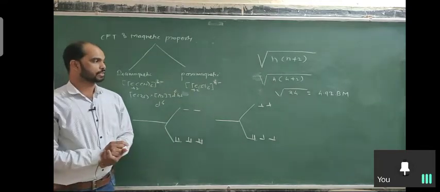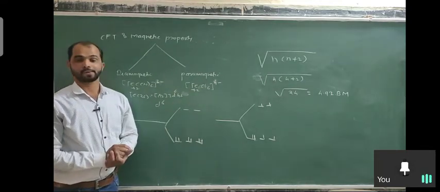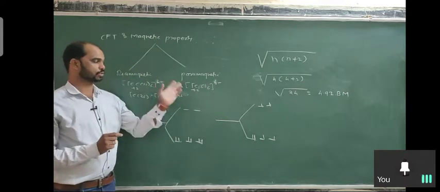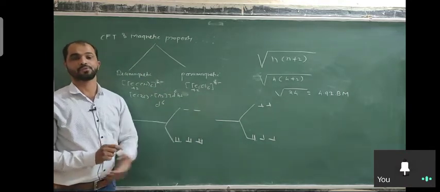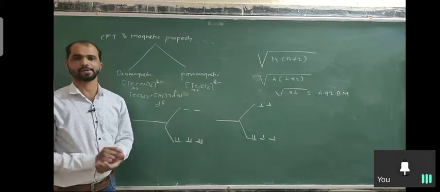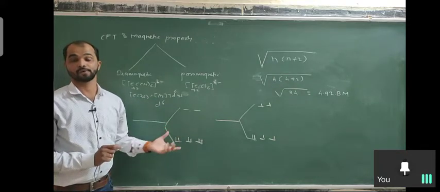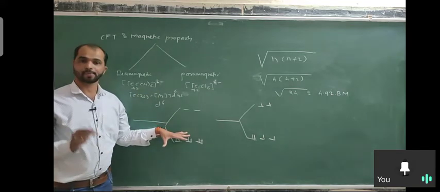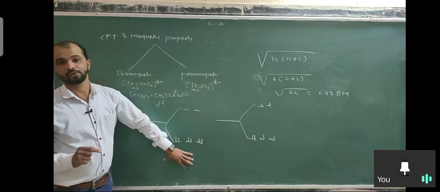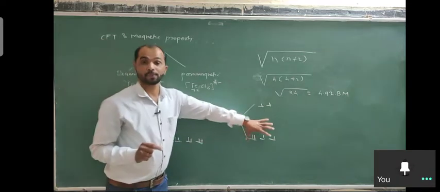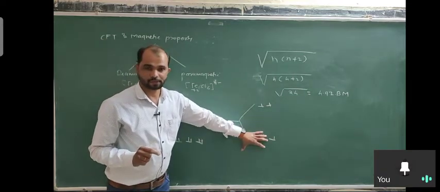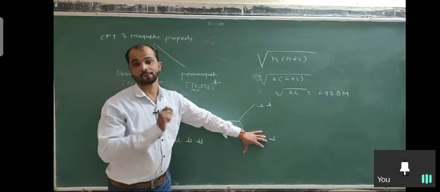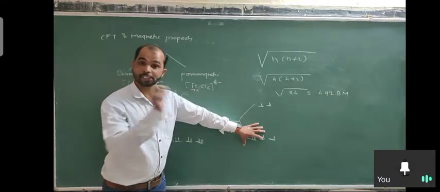After that we discussed the magnetic property. Basically weak field complexes are mostly paramagnetic as compared to strong field complexes, or if strong field complexes are also paramagnetic, their value is lower, because in weak field complexes there are more unpaired electrons, as they are high spin complexes.